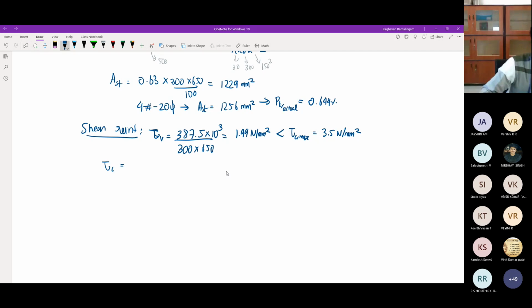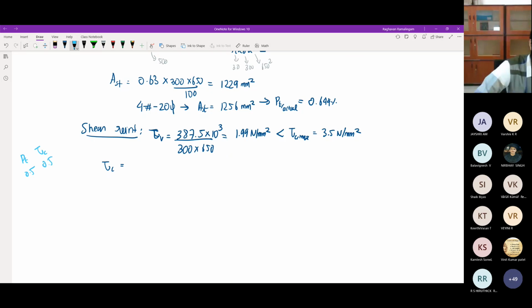Then I also want to find the total shear resisted by concrete alone. So I use Table 19 for that. In Table 19, I have pt between 0.5 and 0.75. So for pt 0.5, I have tau c for M30 as 0.5.